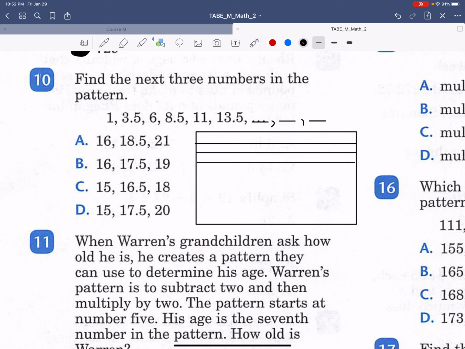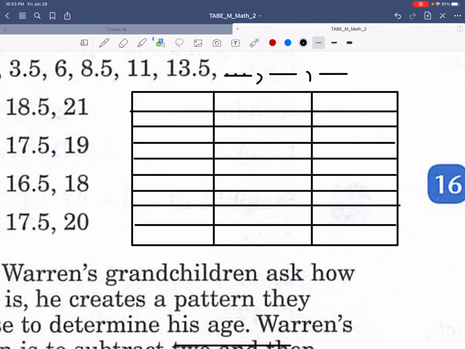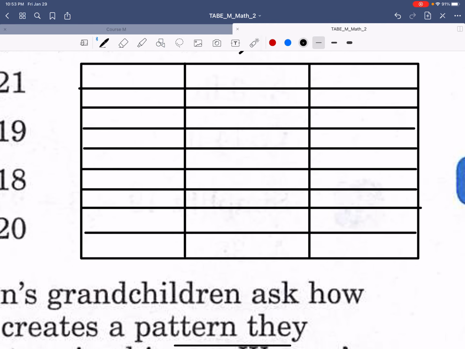There's 3 rows, 4 rows, 5 rows. This is much easier to do if you have notebook paper, but I think that'll work. It's not a story problem, so let's just do 3 columns here for input, rule, and output.